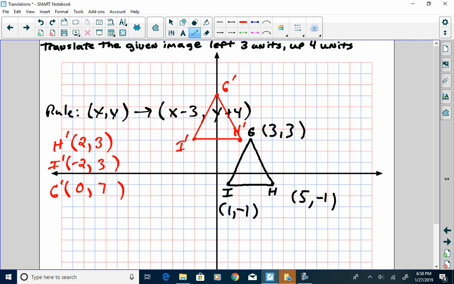Do the figures look similar? Yes, they do. And is each point left 3, 1, 2, 3, up 4, 1, 2, 3, 4? Yes, they are. So in that example, we used the rule to generate the locations of our image points, and then we check to see if the image actually looks the same as the pre-image.